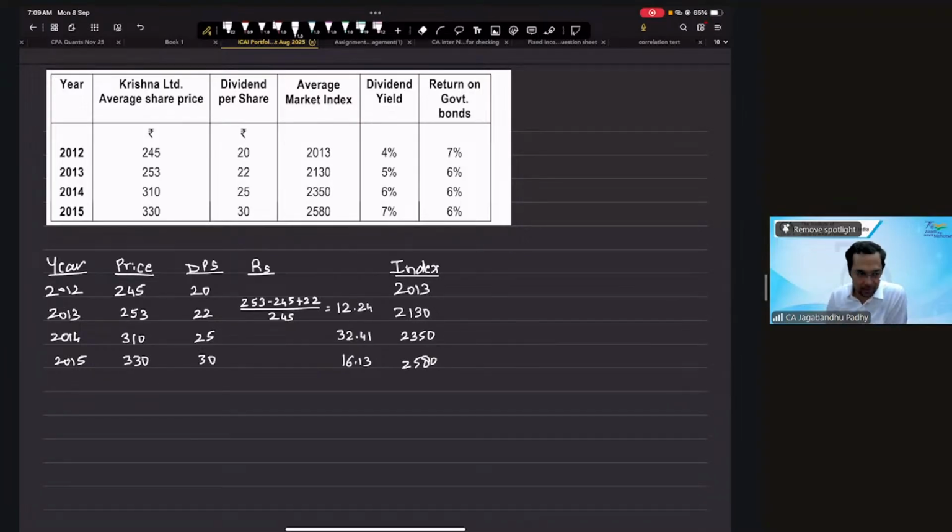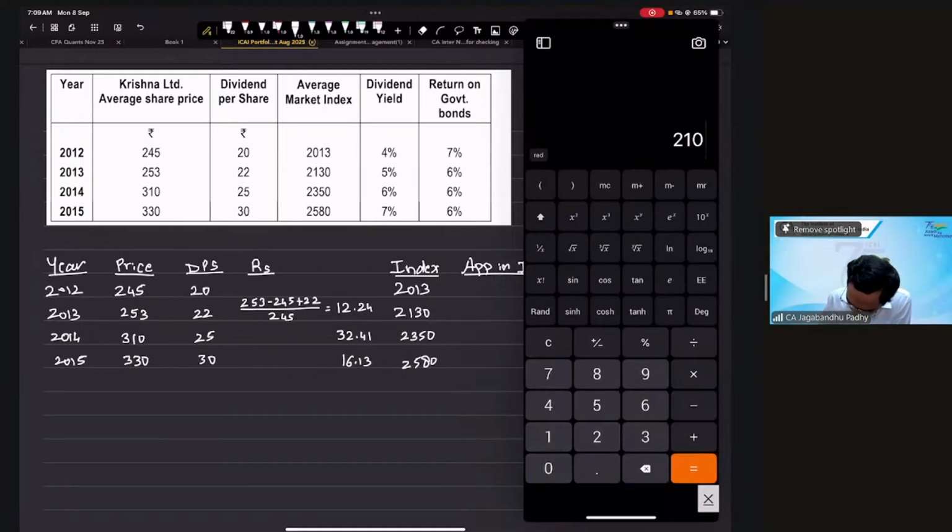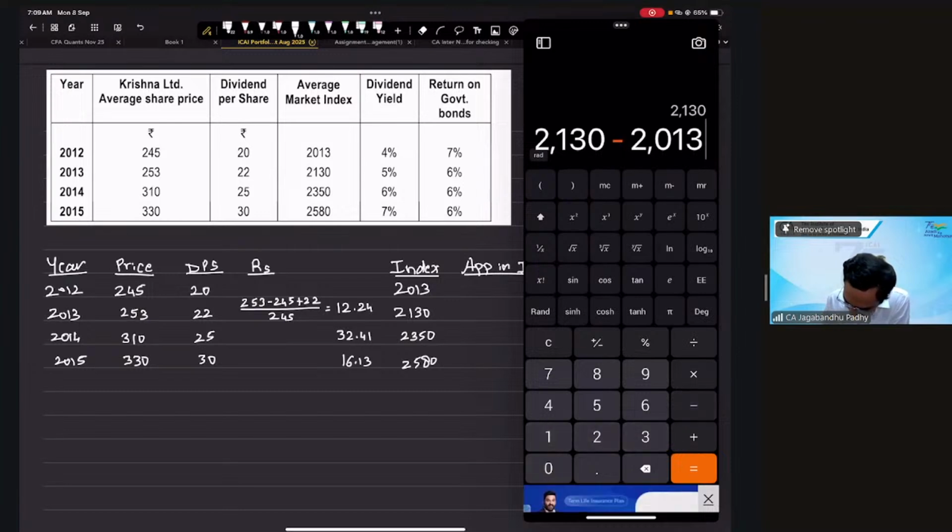Then we work out the appreciation in the index. The appreciation is 2130 minus 2013, which is 117, divided by 2013, which is 5.81%.